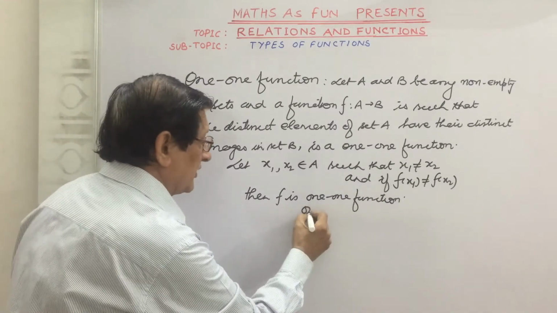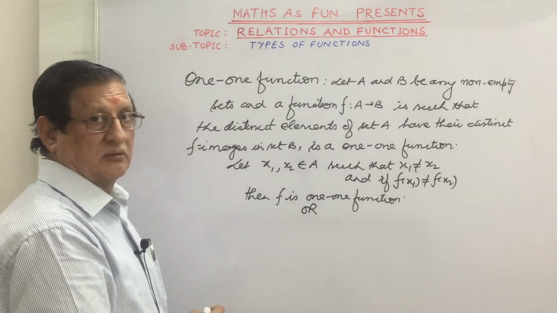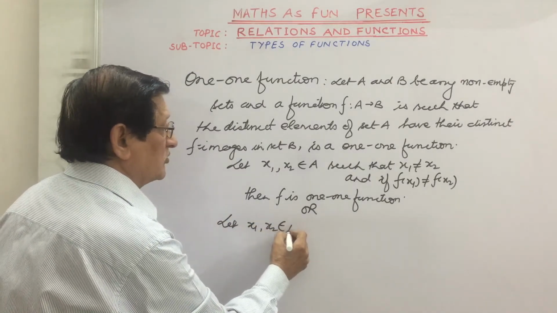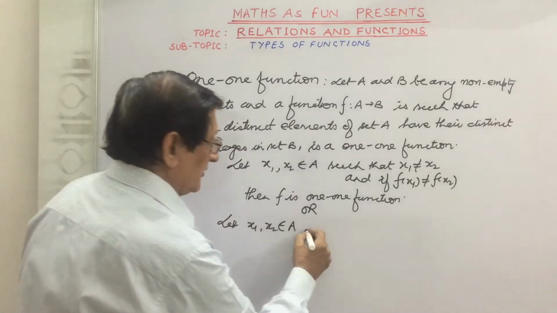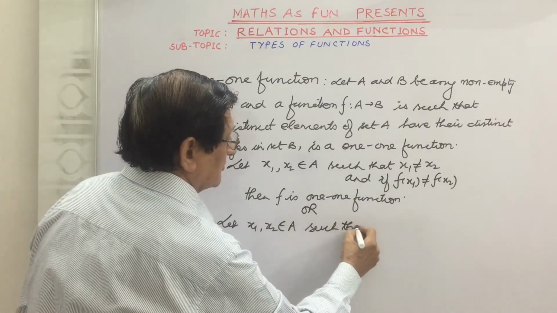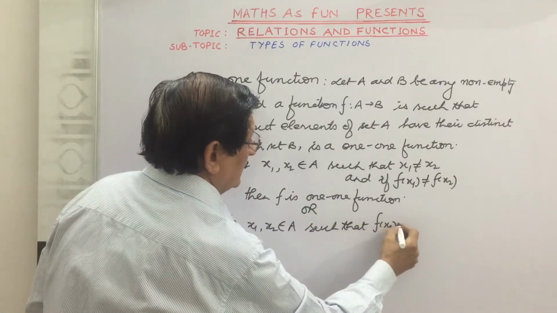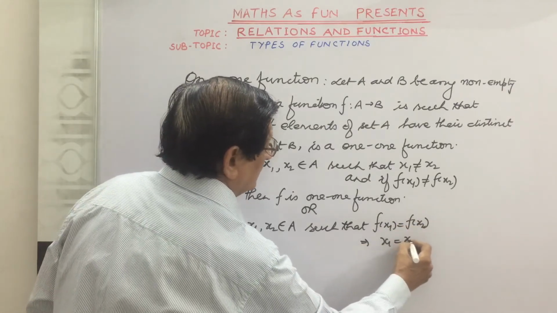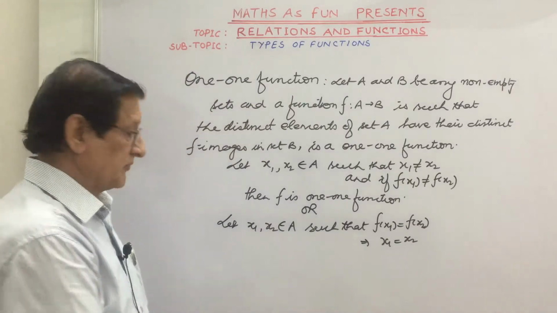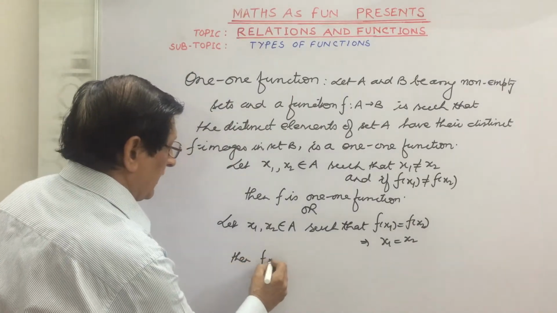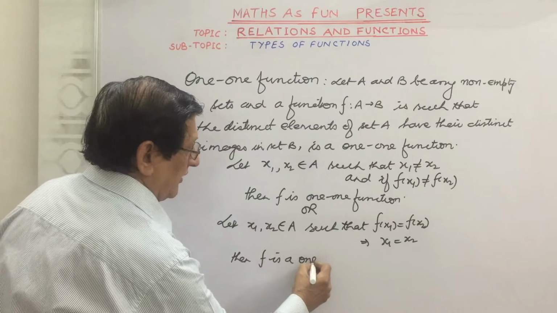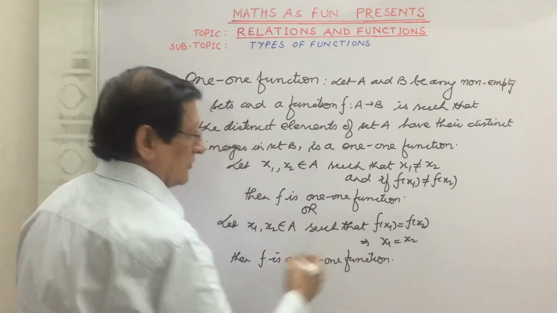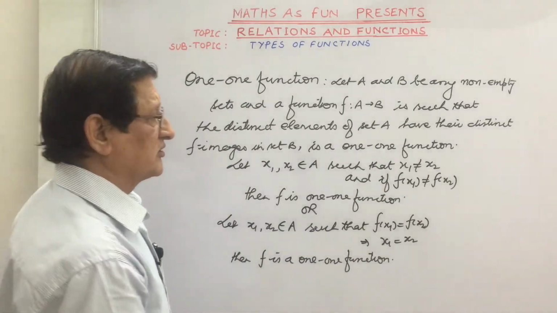We can also say it like this: let x1, x2 belong to A such that f(x1) is equal to f(x2) implies that x1 is equal to x2. Then f is a one-one function. Let's understand this.